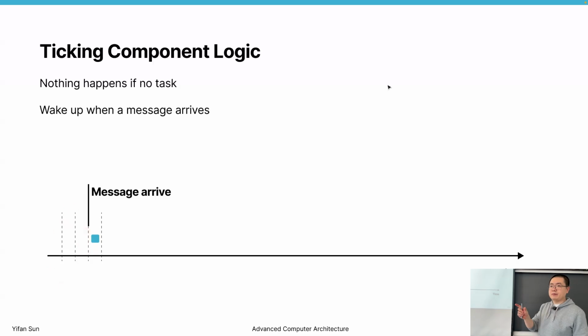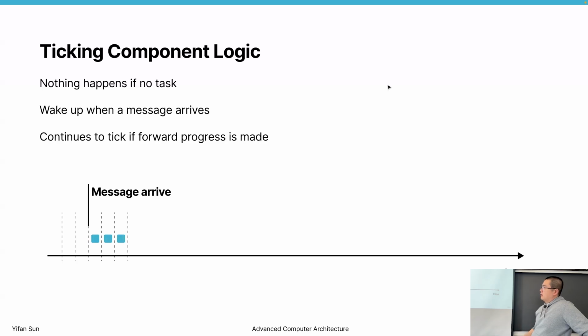I can allow the message to arrive at the previous cycle or anywhere between these 2 cycles. Yes, we can have some errors to allow this, but in most simulators we write, the message always arrives at the boundary of the cycle. Then if a message arrives in 1 cycle, we schedule another event in the next cycle to wake it up, right? So wake up when a message arrives.